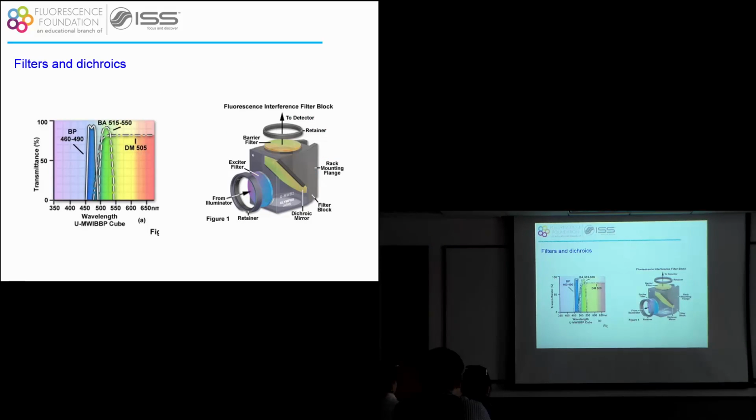And this is another piece of importance in the microscope, the dichroic filter, which in the cartoon of the microscope is the one that allows the light from the illumination to be reflected down and the fluorescence to be transmitted. So typically when you buy a dichroic filter, you see this type of information, the transmittance.